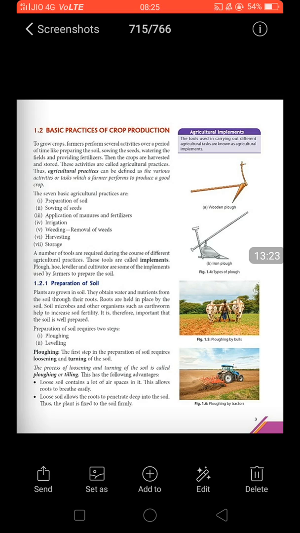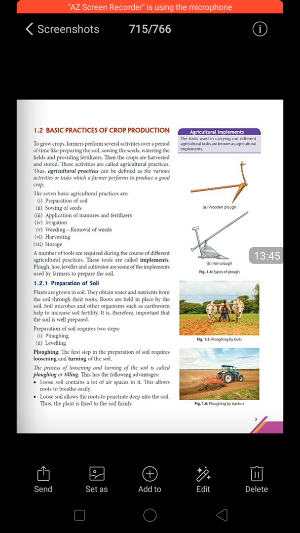In these two diagrams, in the top one, figure 1.5, they have shown plowing by bulls, and in figures 1.3 and 1.4 they have shown you two types of plows. These kinds of plows were used in earlier times, at the time of our grandparents. Now we are not using these types of plows.